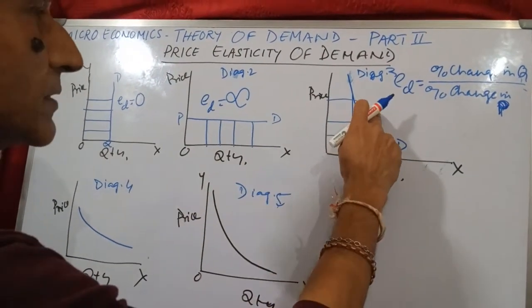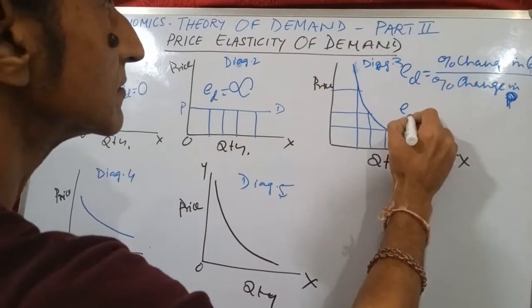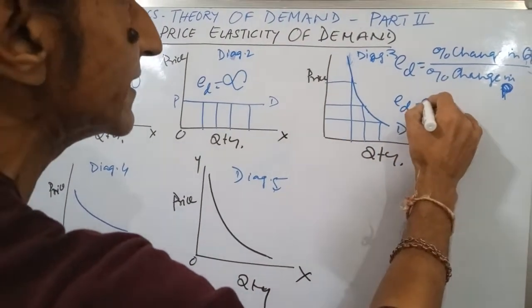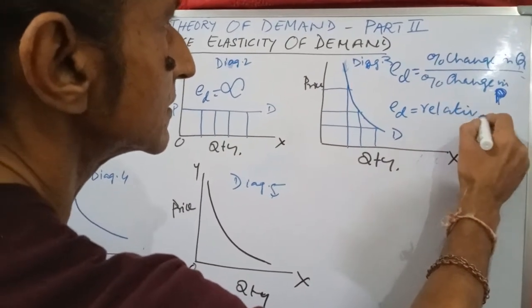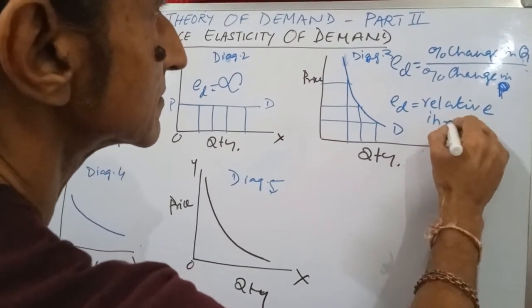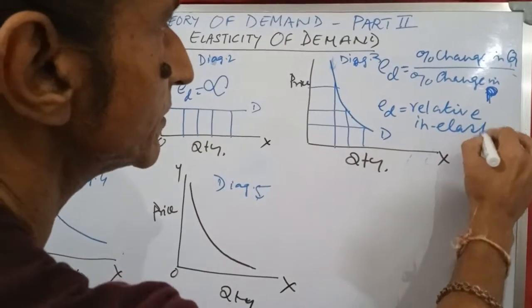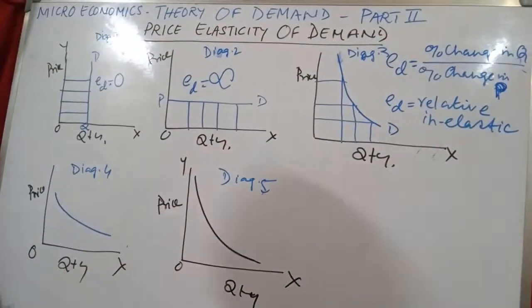This type of demand curve is called relatively inelastic.